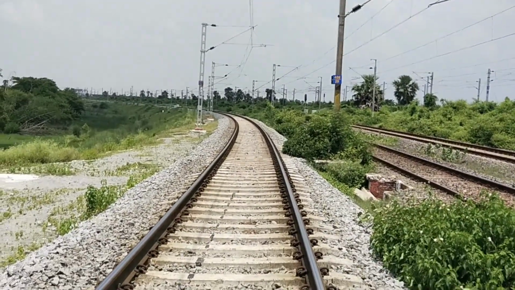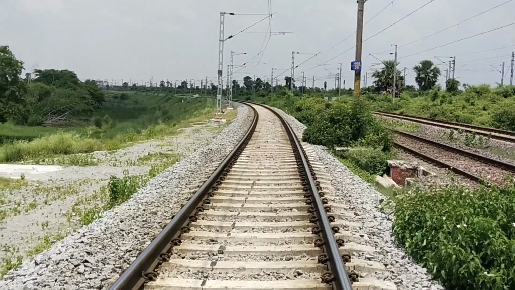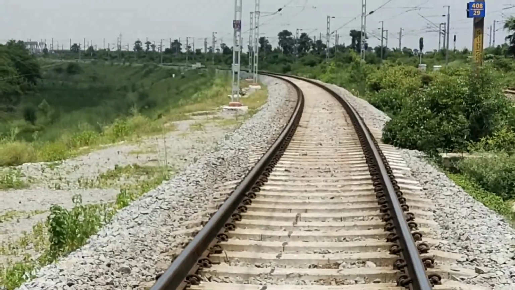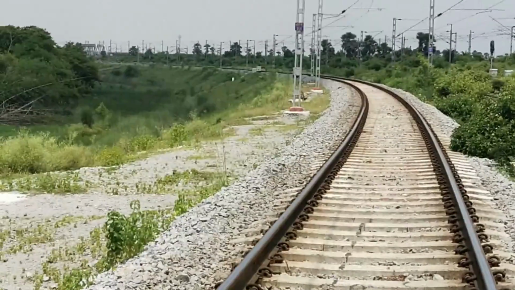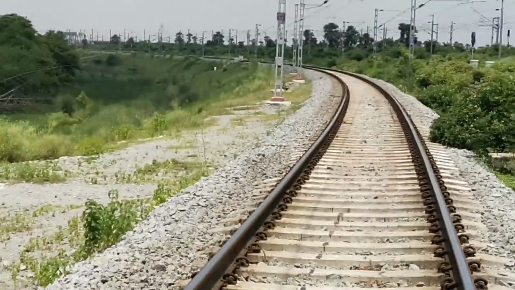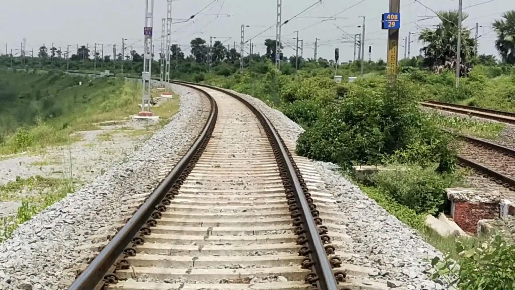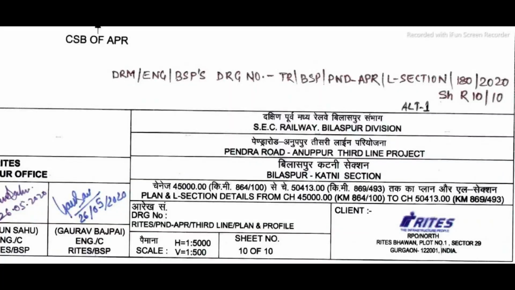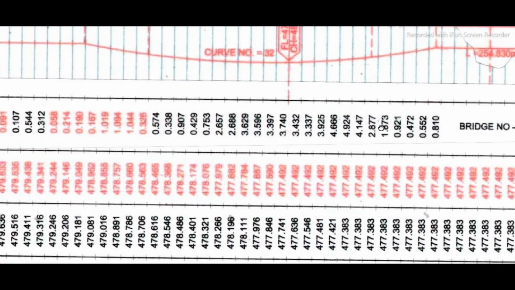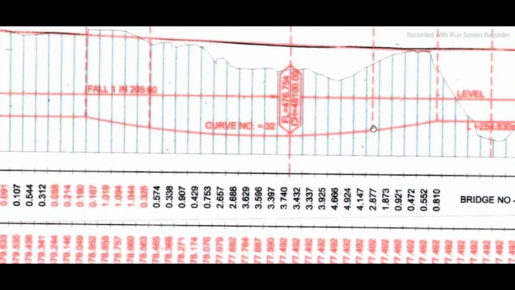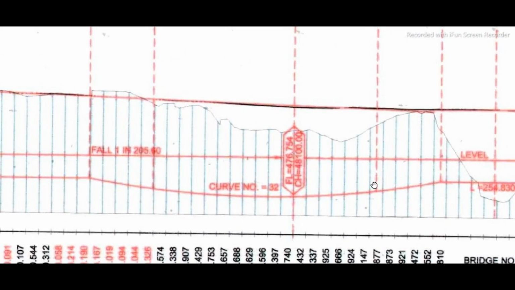Therefore, the stability of the track under load will be adversely affected and the track may be susceptible to buckling. Maintaining a vertical curve in a horizontal curve will be much more difficult as the track geometry changes in three dimensions.